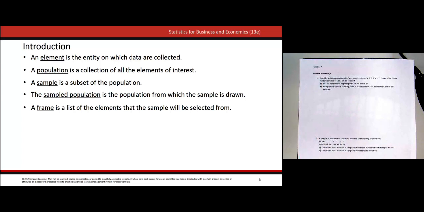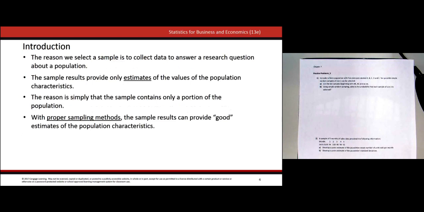It only provides an estimate of the population characteristics. So if you would like to know the average apartment rent in Huntsville, you randomly select some apartments in Huntsville, calculate the sample average, and use that sample average to estimate the population average.